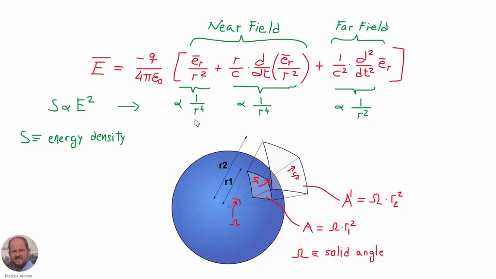So these two terms are usually known as the near field generated by the particle. Because this energy density is proportional to 1 over the distance to the fourth, it decreases very quickly with the distance. So at a given distance, they are going to be almost negligible.